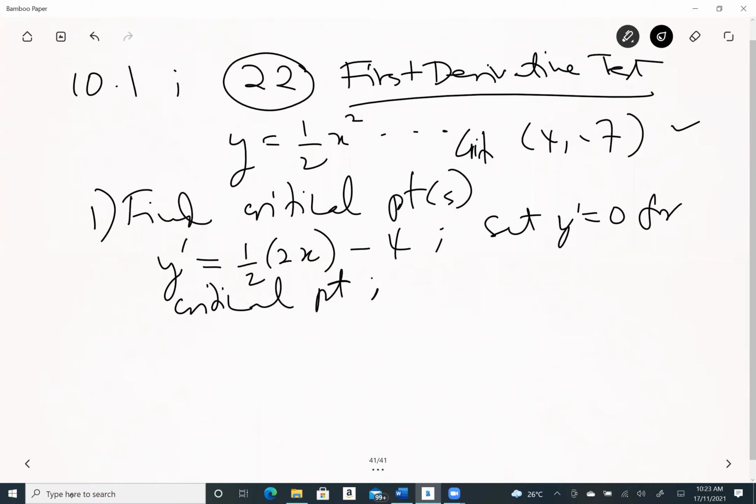That means x minus 4 is equal to 0, so x equals 4. You put it into the function, you get y.